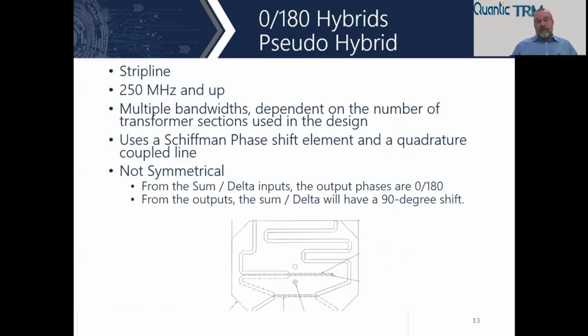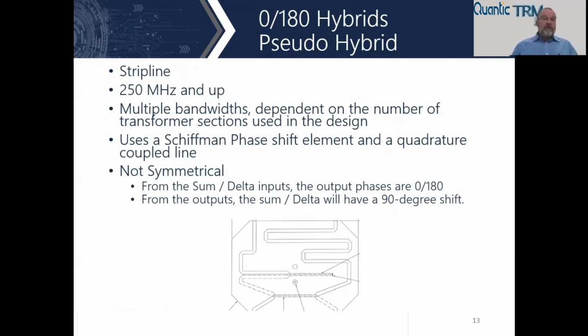In the middle of this diagram, you will see a phase shifter. That's the coupled line in the middle that feeds back on itself. That generates a 90-degree phase offset. As a result of the 90-degree phase offset of the coupler being added in series with a 90-degree phase shift element, this also generates a 0-180 hybrid when driven from the sum delta ports.